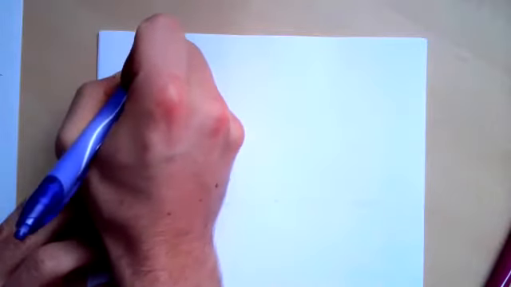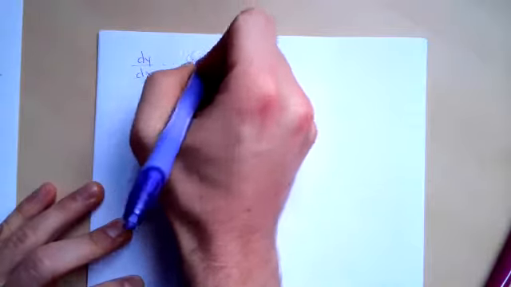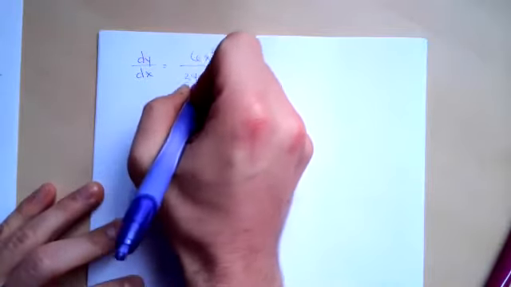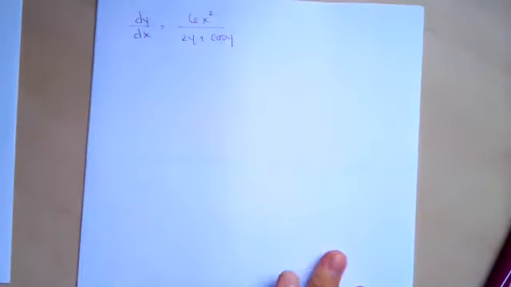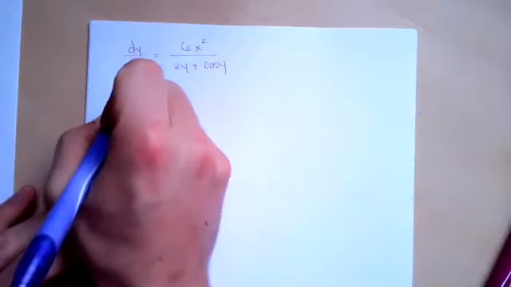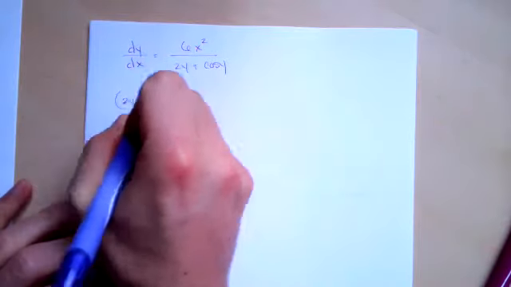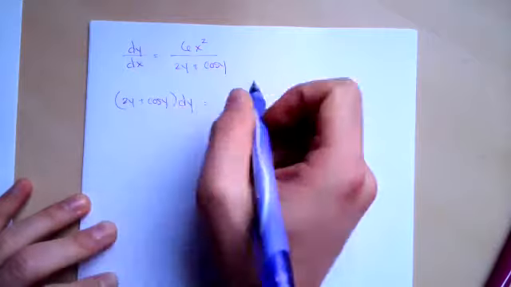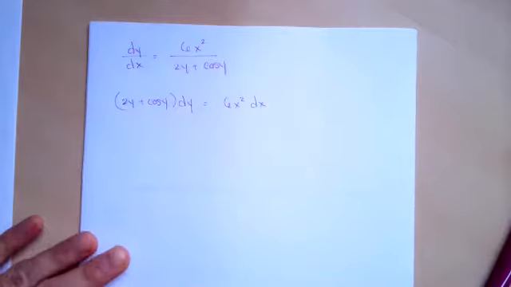Let's see. So we've got an example: 6x squared over 2y plus cosine y. So again, we've got all of our y's in the denominator. We're going to multiply those over to get 2y plus cosine of y dy is equal to 6x squared dx.